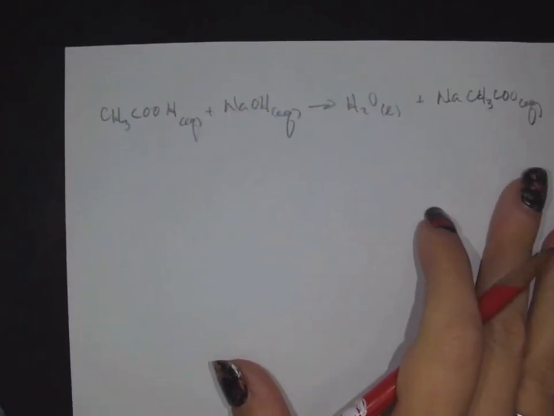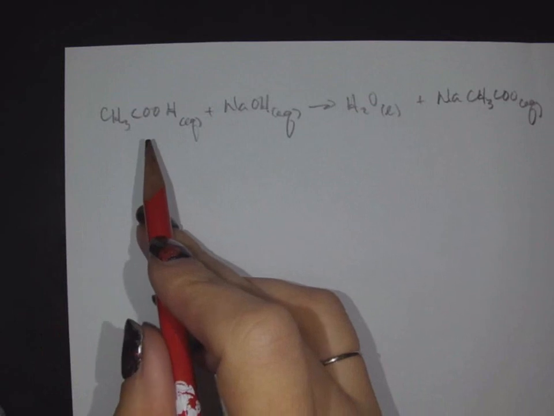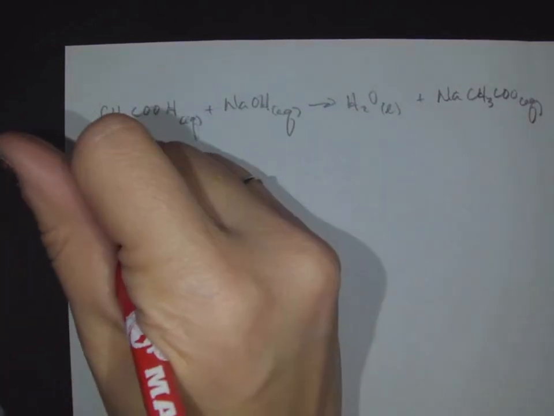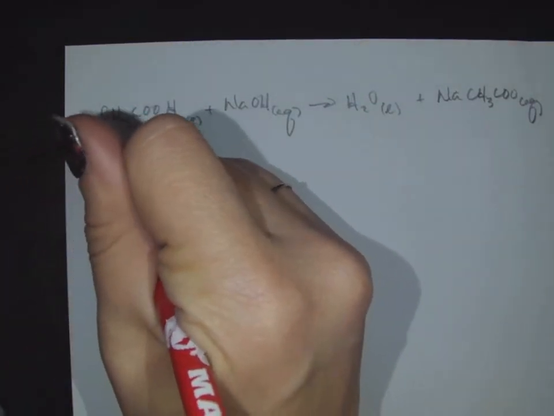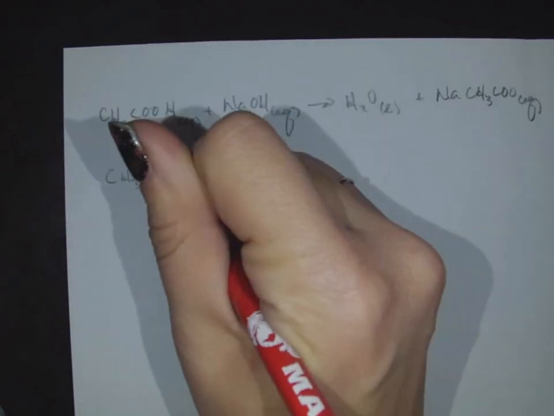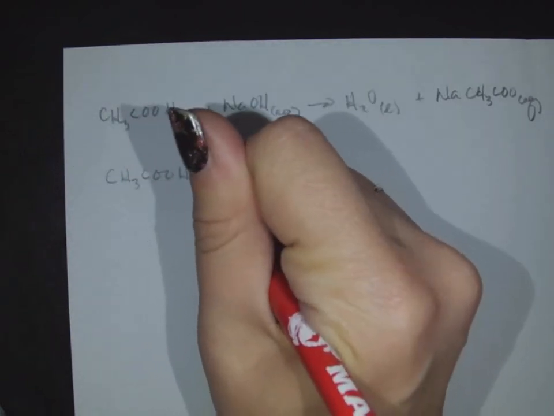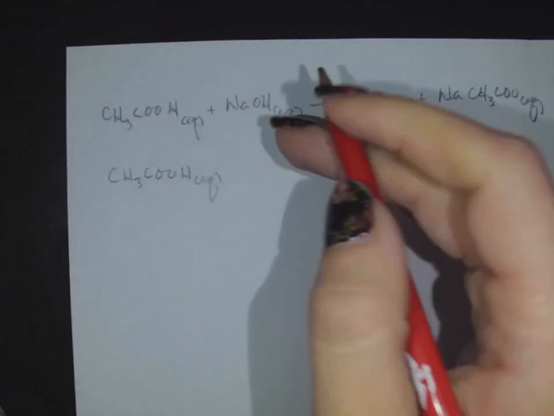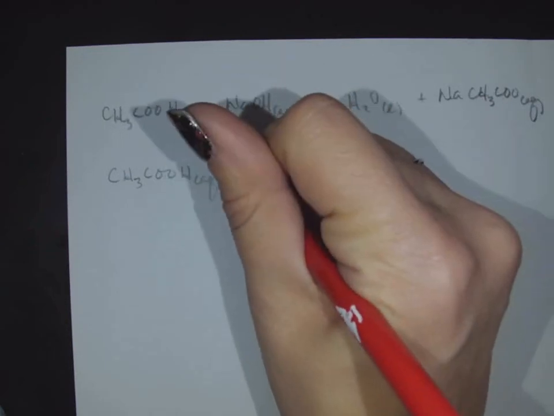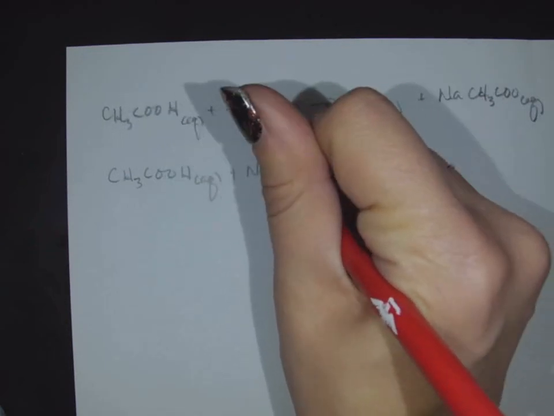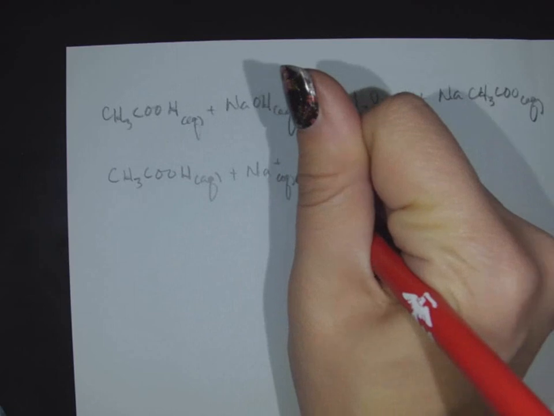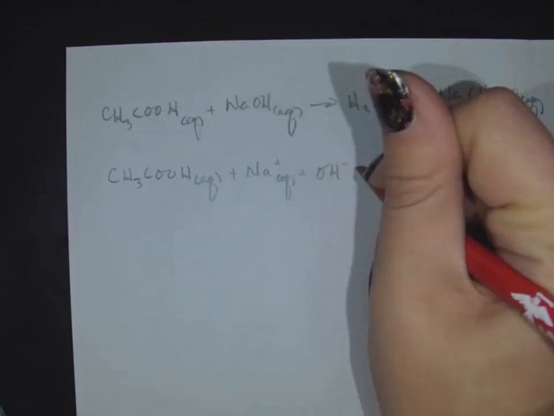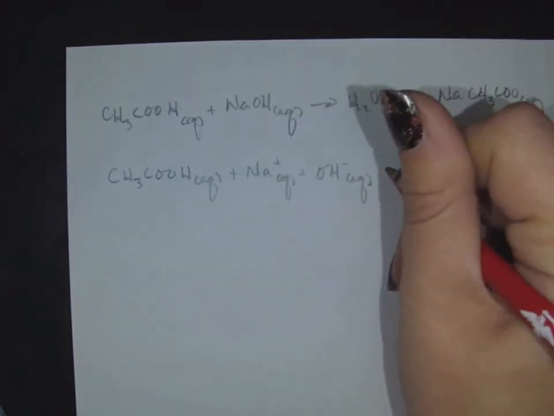When it's a weak acid or a weak base, we don't break them apart into their ions. So this stays as CH3COOH, aqueous. But when it is a strong acid, or in this case a strong base, then we do break it apart. Na plus aqueous and OH minus aqueous.